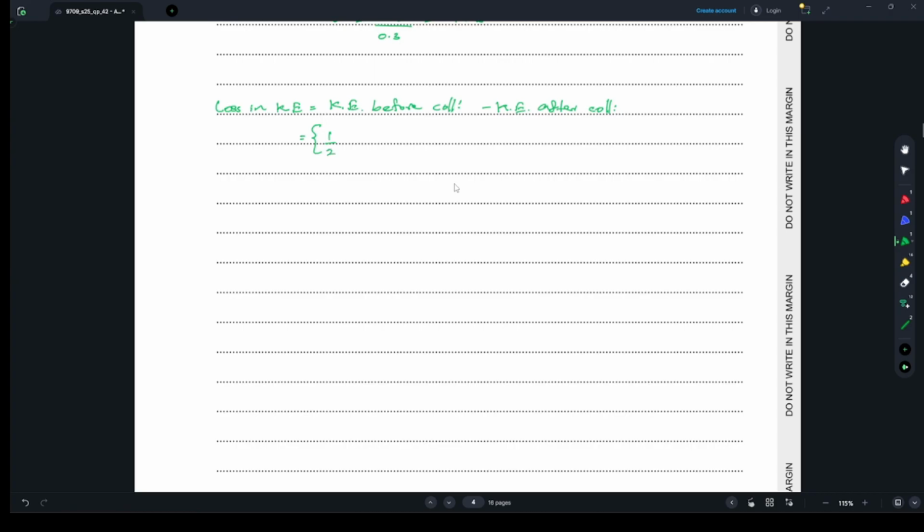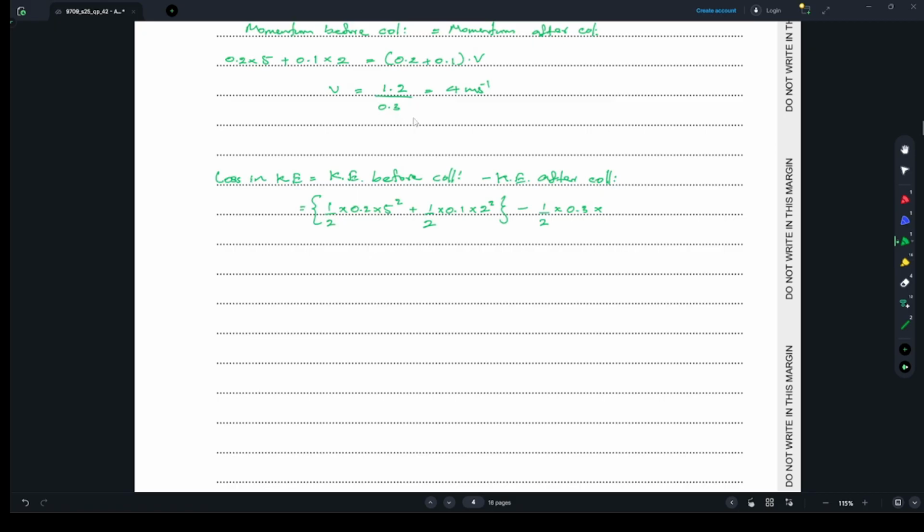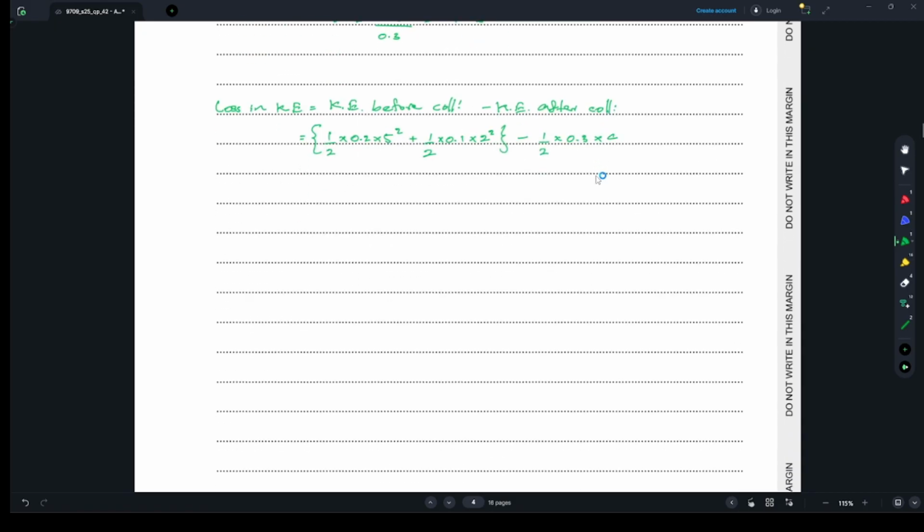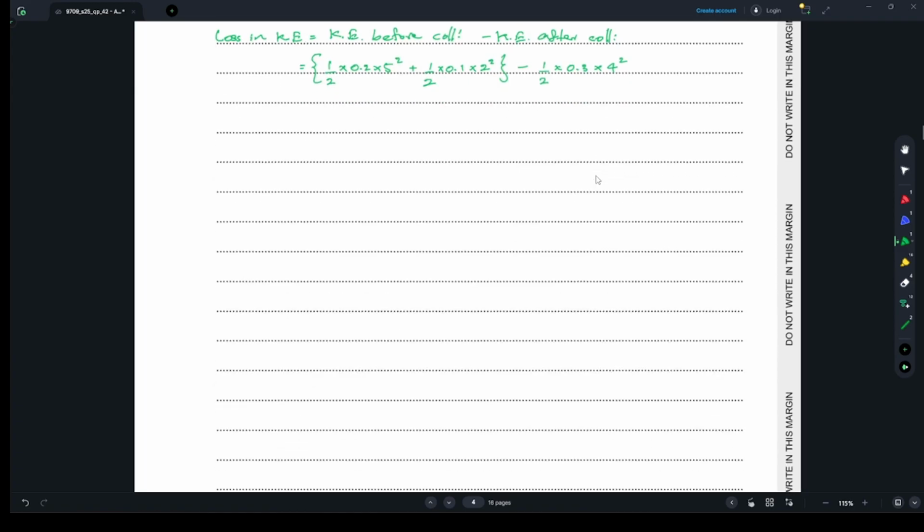So before collision for particle P, half the mass was 0.2 and the velocity was 5 square, plus particle Q, the mass was 0.1 times half, the speed was 2 square. Then minus after collision, so half mv square again. So the total mass is now 0.3, and we calculated the velocity after collision, which is 4. So here 4 square.